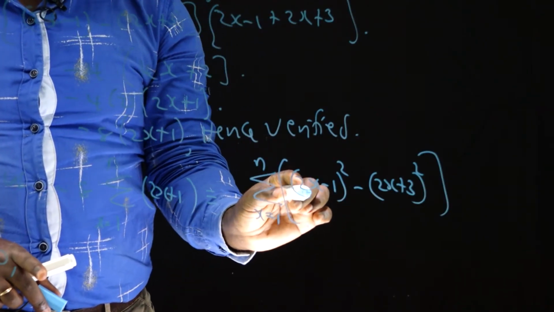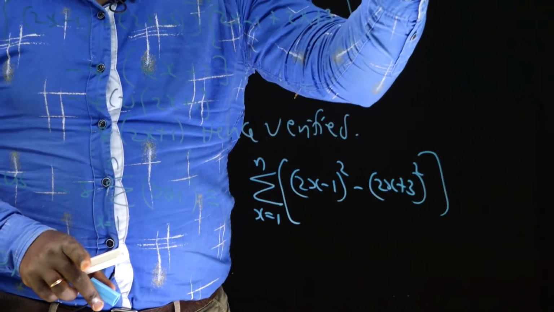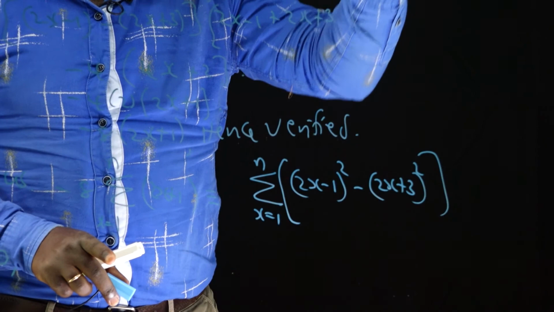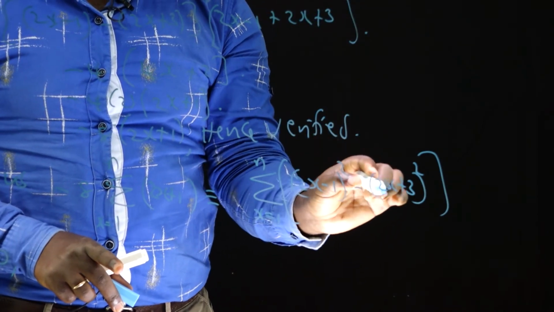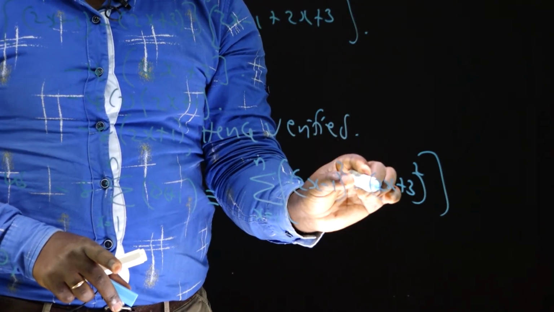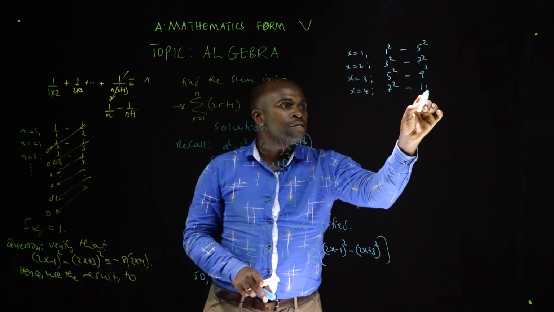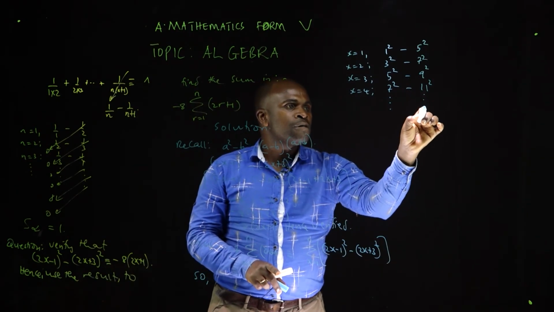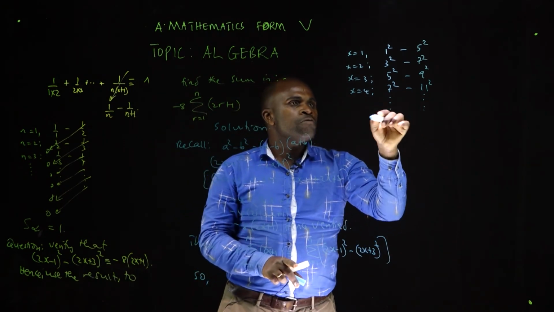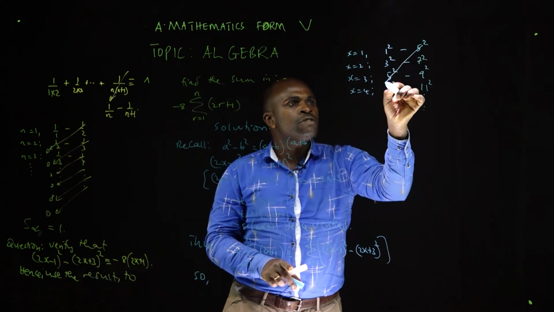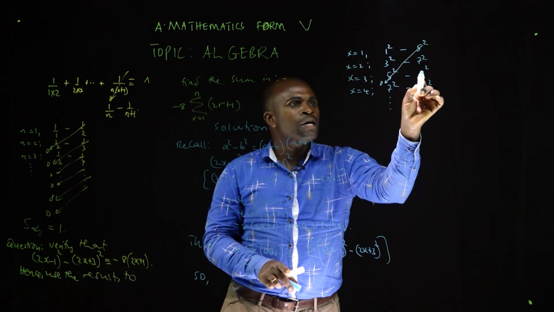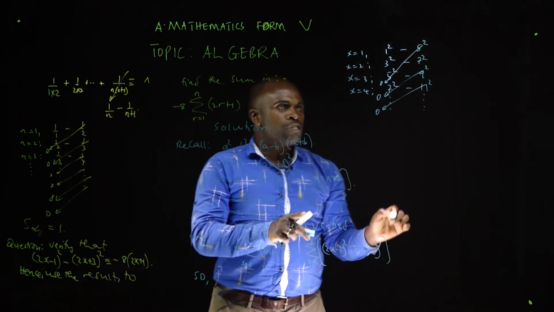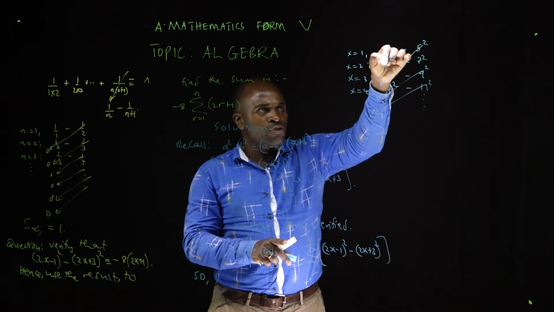When x is 4 again, we continue. This one gives us 7 squared minus, putting 4 here, 8 plus 3, 11 squared. So checking, we'll keep on plugging these numbers. If you look here, you'll find that this 5 cancels with this one diagonally, and this one diagonally, terms cancel. So there exist 2 terms at the beginning, and 2 terms cancelled at the end.